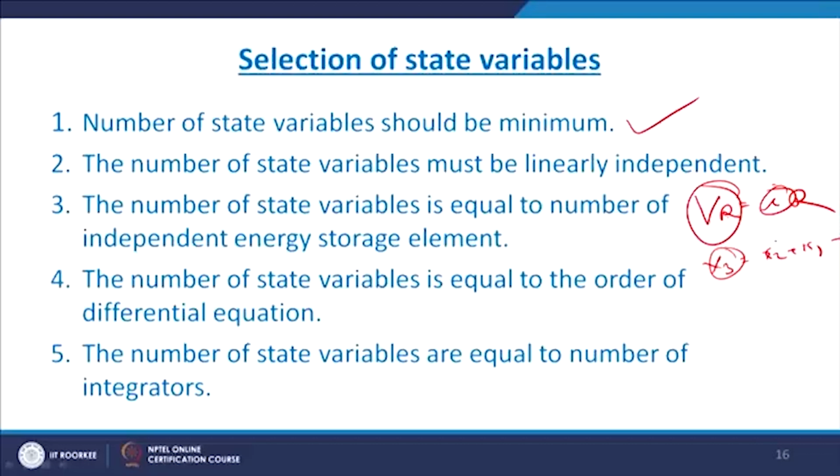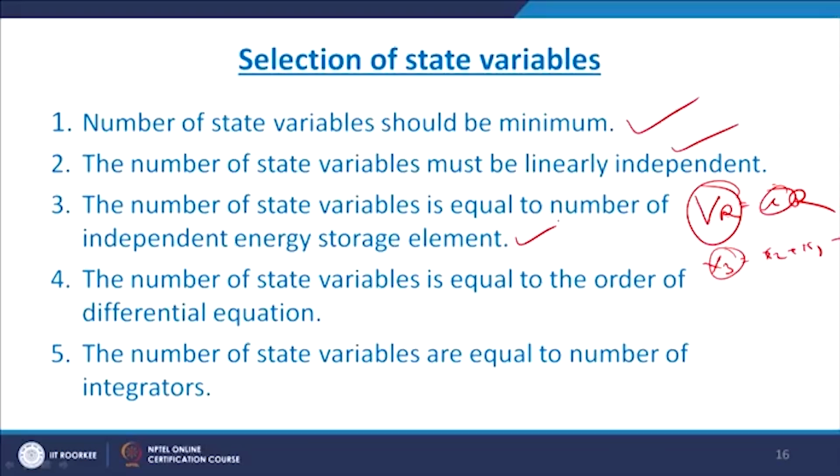That means state variables must be linearly independent. Then the third point, the number of state variables is equal to the number of independent energy storage elements, as I discussed earlier.